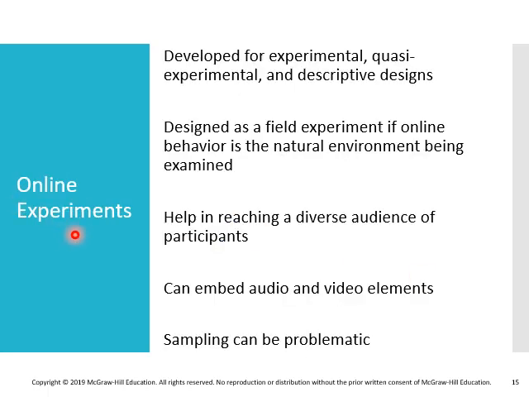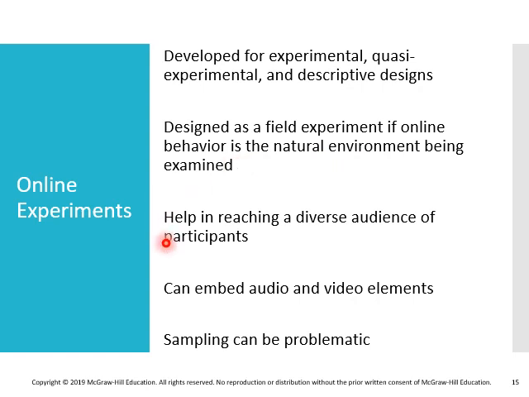Online experiments, those are more prevalent these days, and online experiments can be used for all of these designs that we talked about earlier in today's lecture. We can also use it for field experiments, provided that the online environment is actually the natural environment that the participants are in.